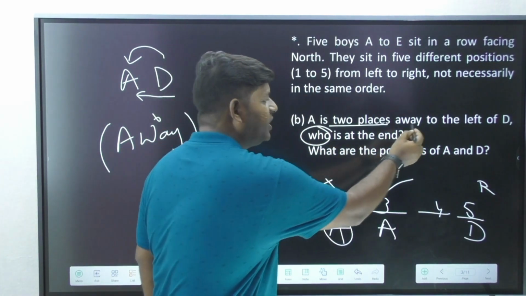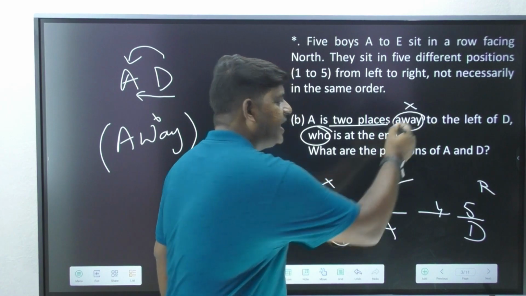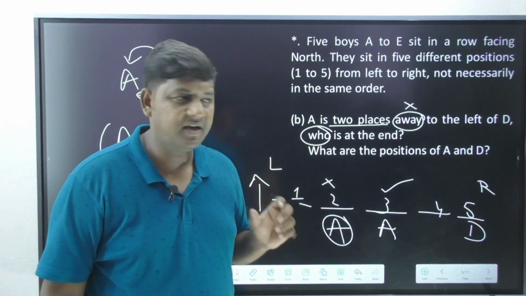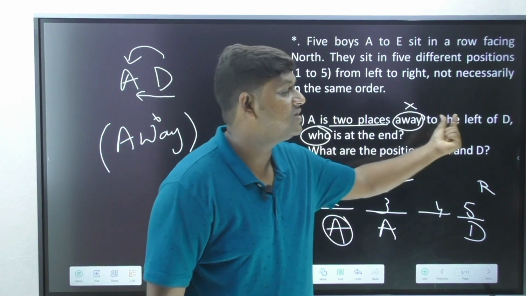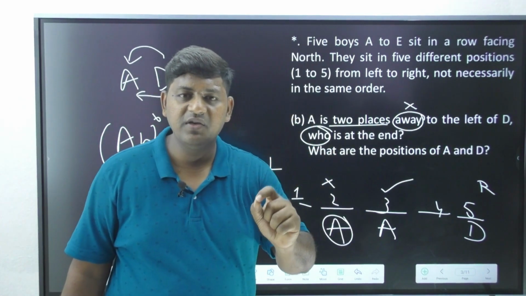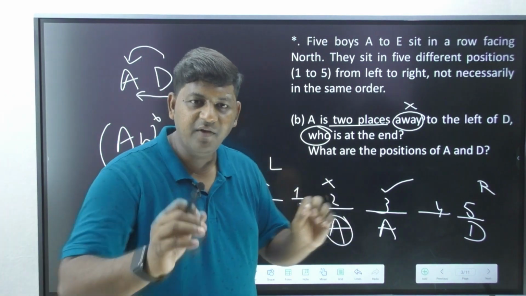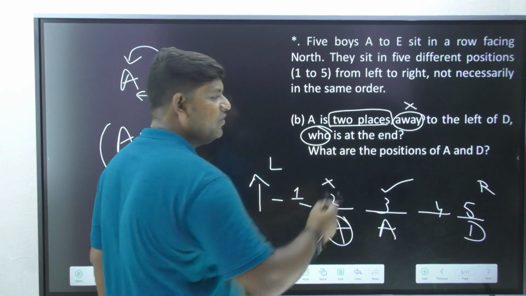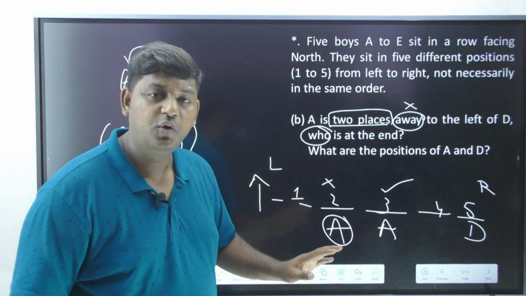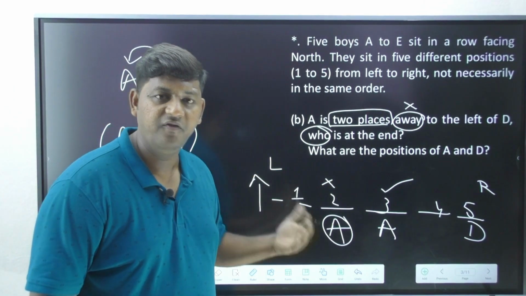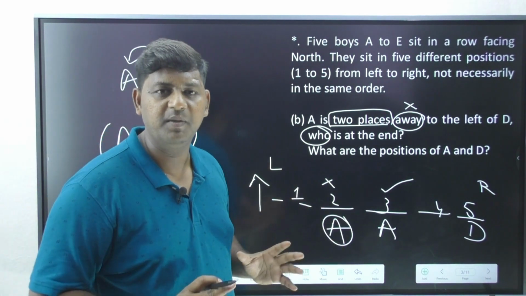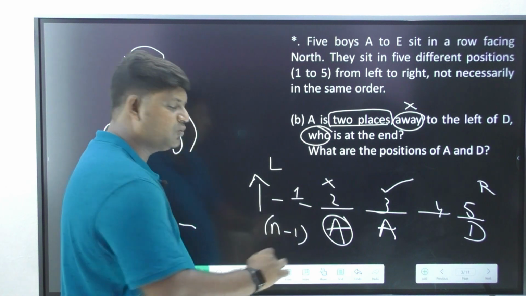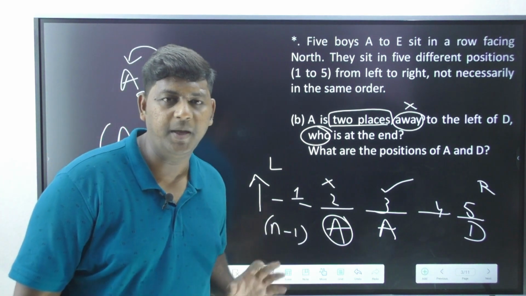Now if I remove the keyword away and read my sentence, then I understand it very clearly. A is 2 places to the left of D. Away is given only to confuse you. And whenever you see how many places it is mentioning, here 2 places, whether 2 places away, 3 places away, 4 places away, whatever your examiner mentions, you need to understand the logic as n-1 persons are going to stay in between them.